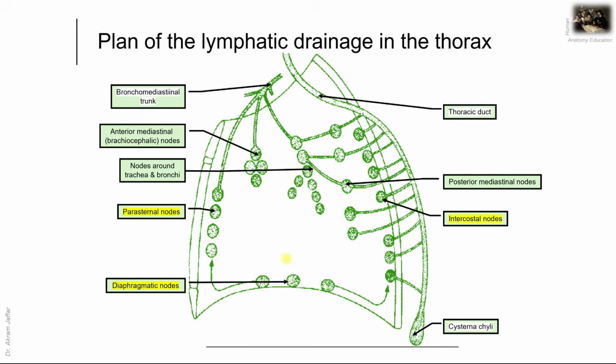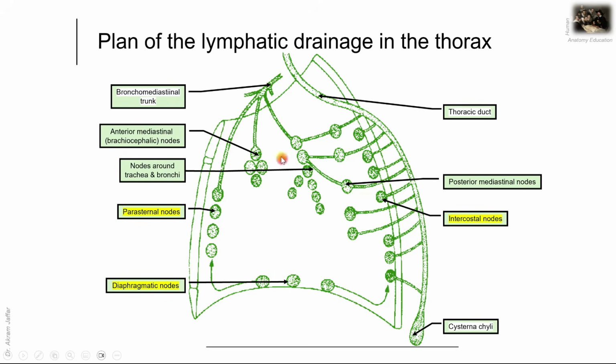Now, this is to show you the plan of the lymphatic drainage of the thorax, a wrap-up. So we have lymph nodes that are related to the thoracic wall: parasternal anteriorly, intercostal at the posterior end of the intercostal space, and we have the diaphragmatic or the phrenic nodes on the superior surface of the diaphragm.